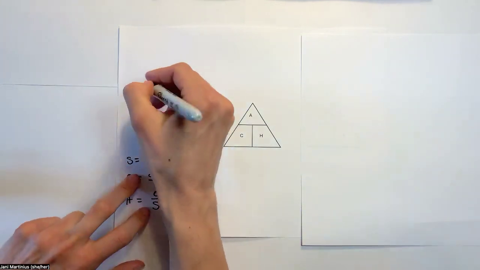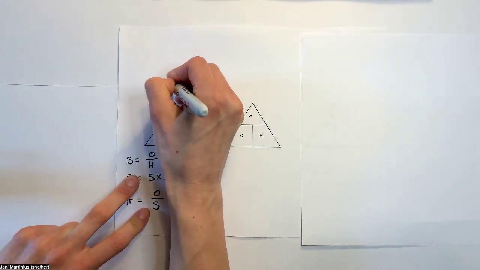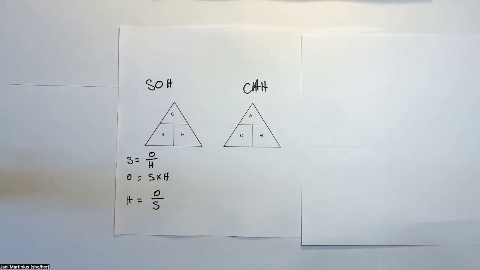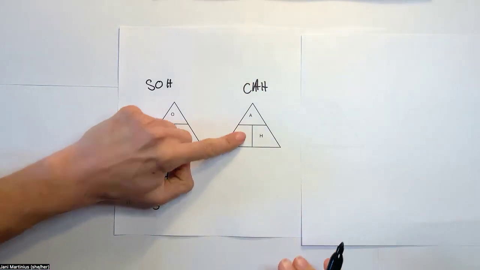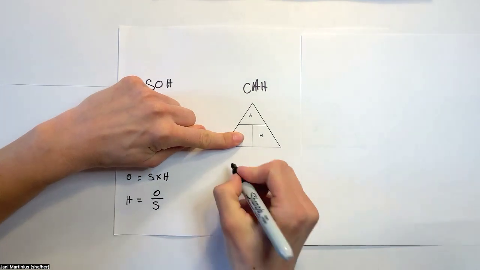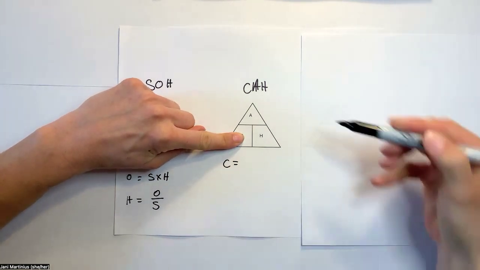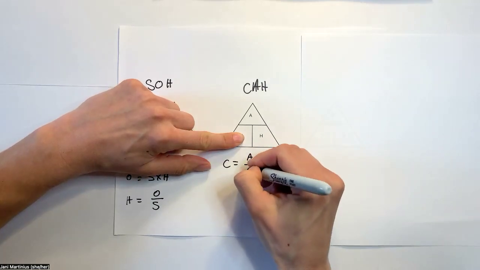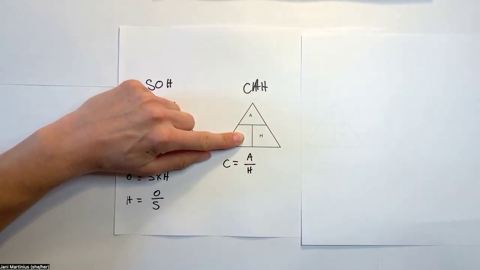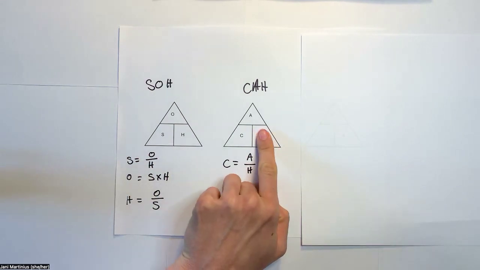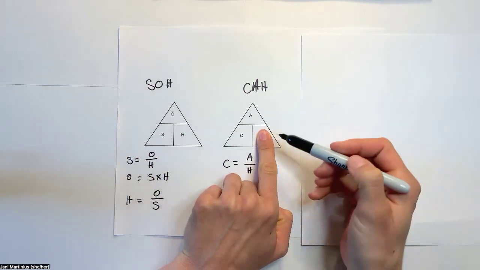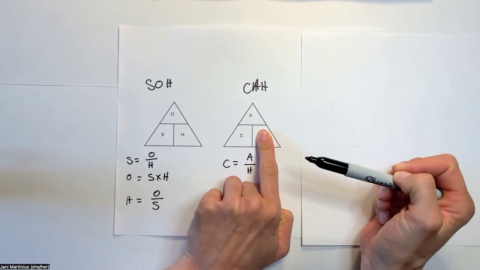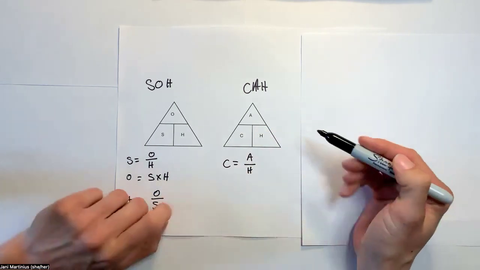Now we're in CAH. This was SOH, oopsie, CAH. So let's say we are looking for the angle. So C equals, and what we have left is A divided by H. Now, what if we are looking for the hypotenuse? Then we have hypotenuse equals adjacent over cos, so over our angle.